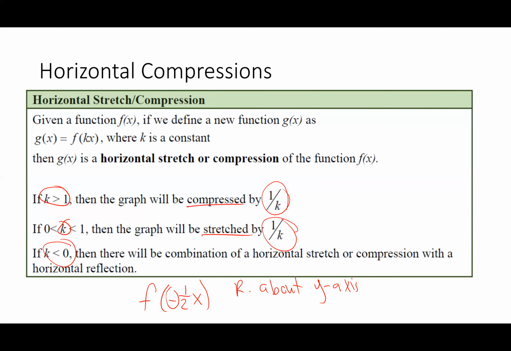And the 1/2 is going to be stretched. So we would say a horizontal stretch by a factor of, well, what's the reciprocal of 1/2? 2. Boom. Horizontal stretch by a factor of 2.